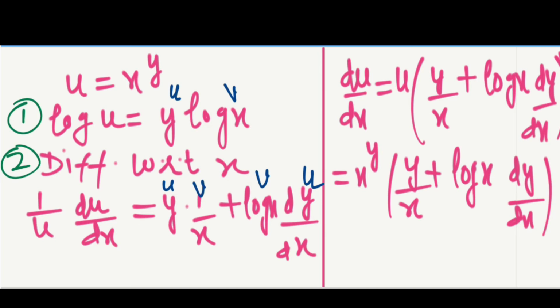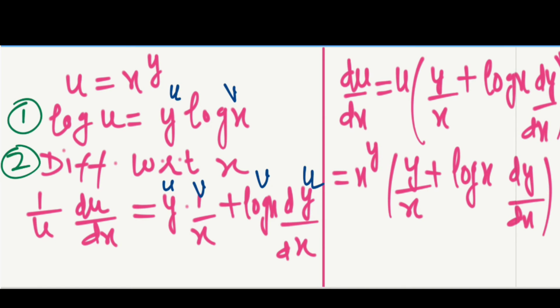So the differentiation of log u is 1 upon u into du by dx, equal to, on the right side, again the product rule: y into the derivative of log x, which is 1 upon x, plus log x into the derivative of y with respect to x.